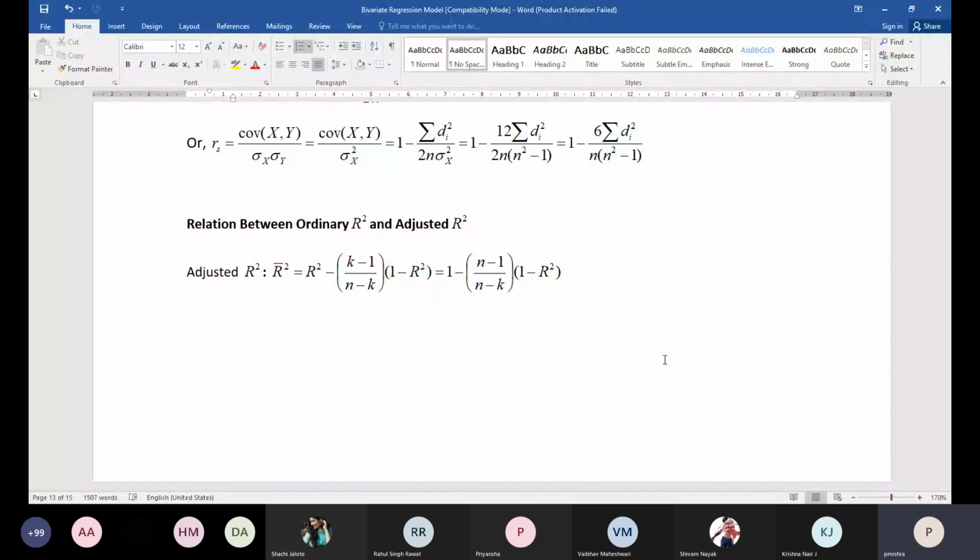But here we are not simply taking point to point or year to year growth rates and then making an average of that. Instead, we are estimating a trend equation. In many cases, we do this.